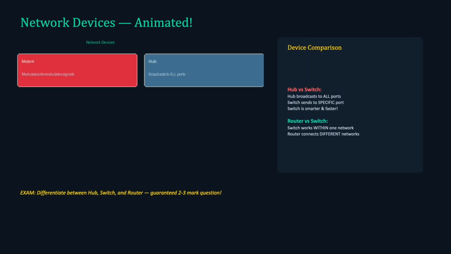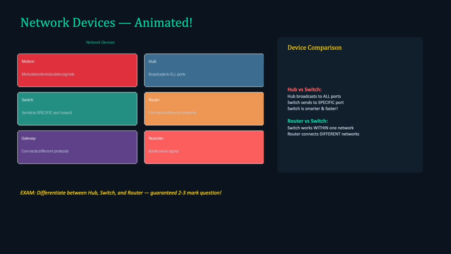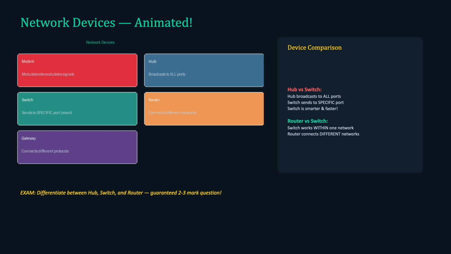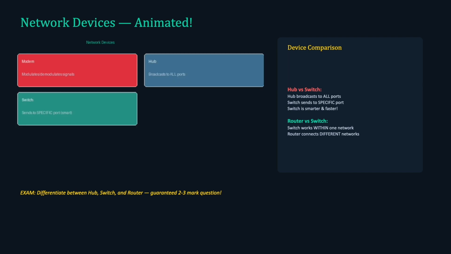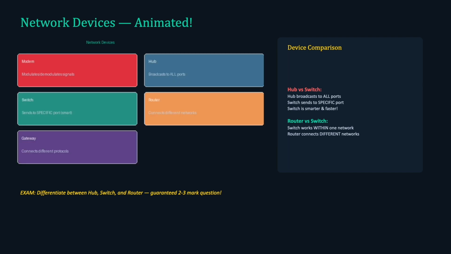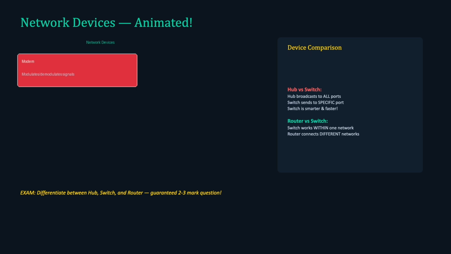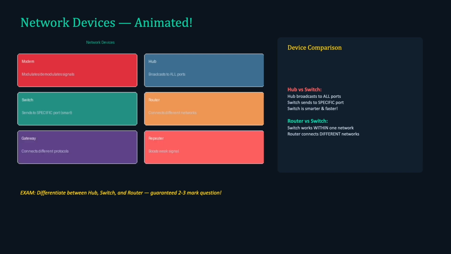Watch the 6 network devices appear. Modem modulates and demodulates signals, converting digital to analog and back, for internet connectivity. Hub broadcasts data to all connected ports. It is a dumb device. Switch sends data to a specific port only. It is smart. It knows which device is where.